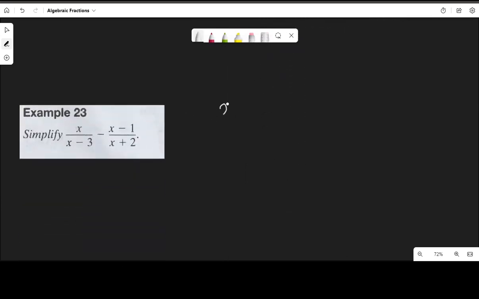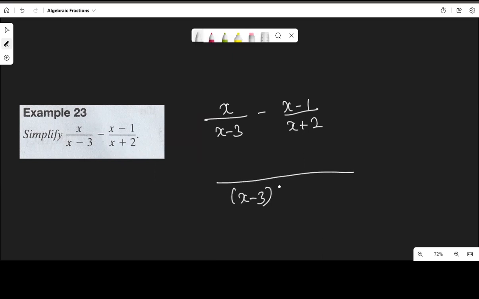Example 23, we have x over x minus 3 minus x minus 1 over x plus 2. Here, look for the LCM of x minus 3 and x plus 2. The LCM will be x minus 3 times x plus 2. And we divide this by this. Look at this, x minus 3 and x plus 2 divided by x minus 3.